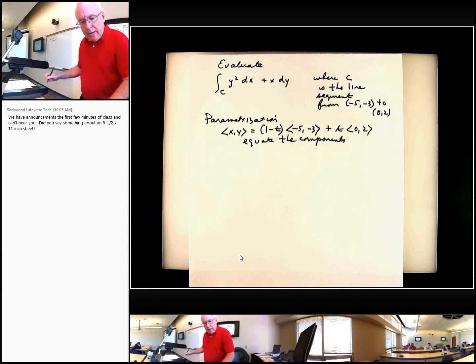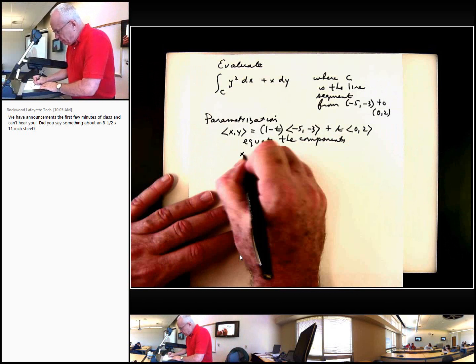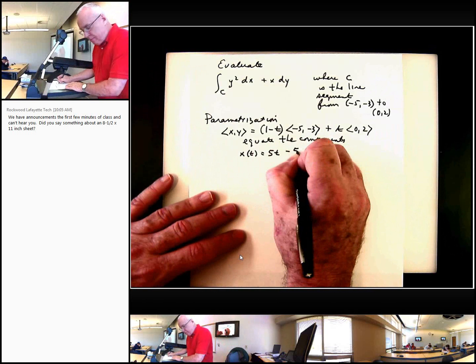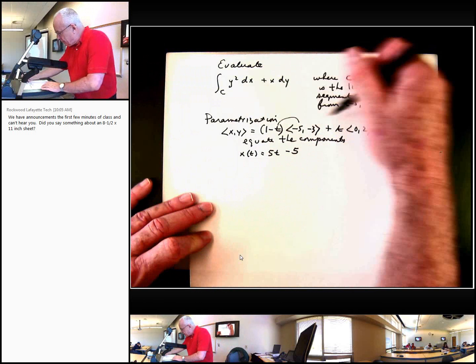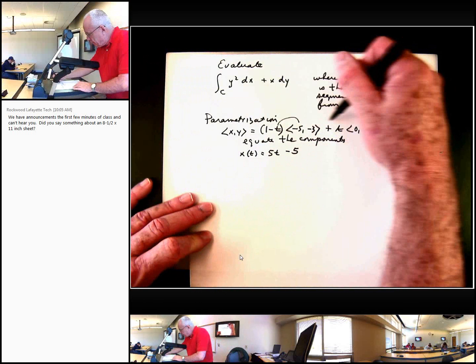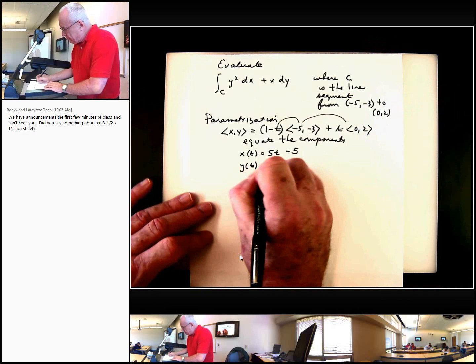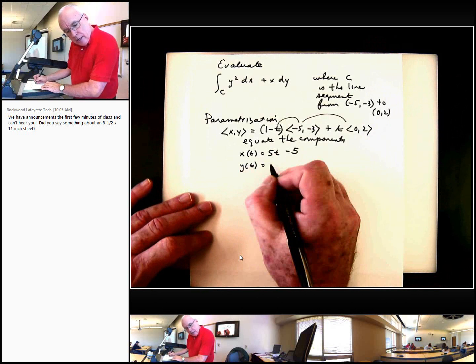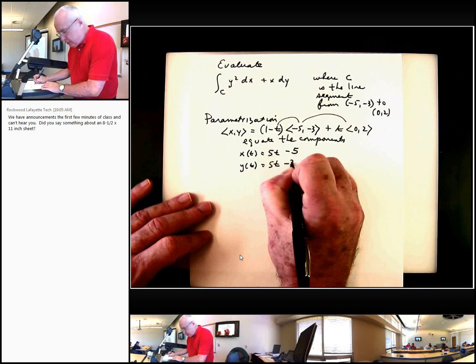And when we do that, I'll leave a little bit of the arithmetic here for you guys. What we have here is x of t is equal to 5t minus 5, just multiplying this times this, and then plus that. And then y of t, now I do the second component, and I get y of t is equal to 5t minus 3.